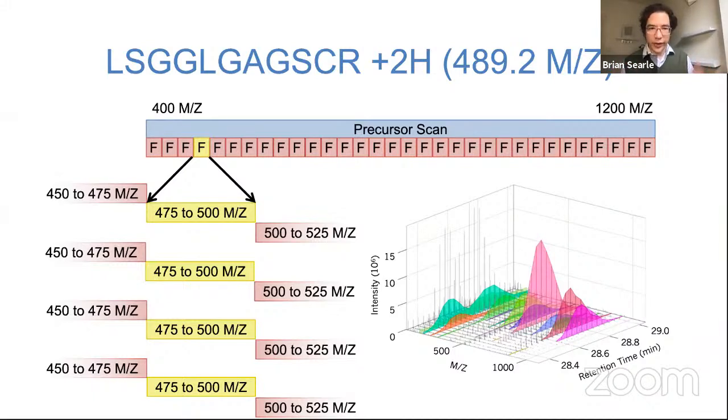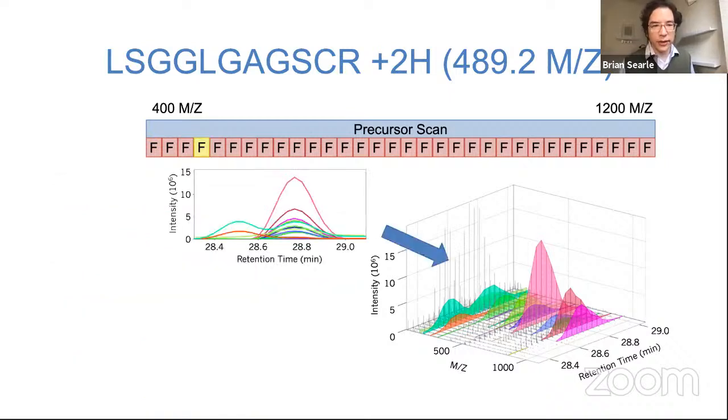Looking at it from this angle, you can extract all of the fragment ions associated with the peptide that we're interested in and make a measurement like we would normally do with PRMs. This approach allows us to ignore the bigger gray peaks that are essentially interferences from other peptides.